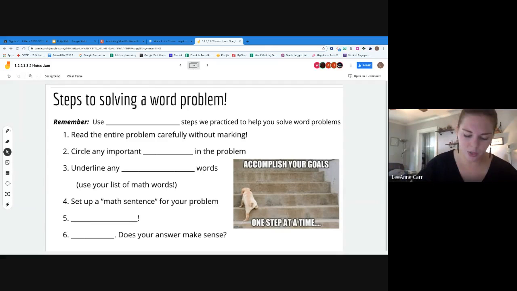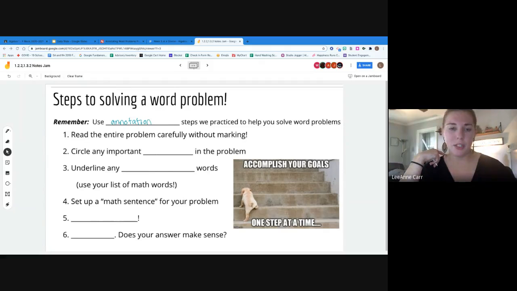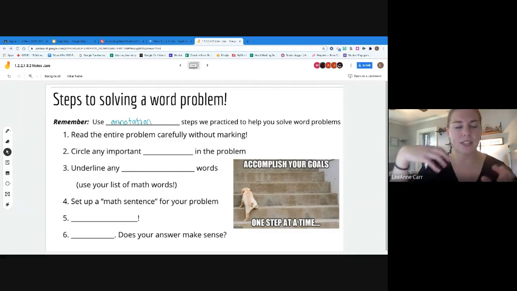Okay, so at the top where it says remember, use your annotation steps. So below, we're going to talk through each step of annotation. And really, the idea here, guys, is that I know that when we see a word problem, we get this automatic reaction of just stress and overwhelming anxiety, a lot of us at least, because we see this big problem and we just don't know where to start.